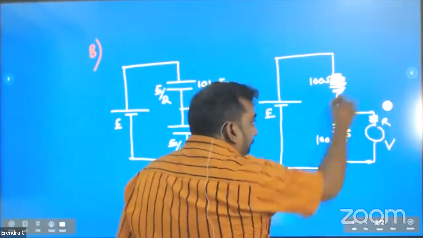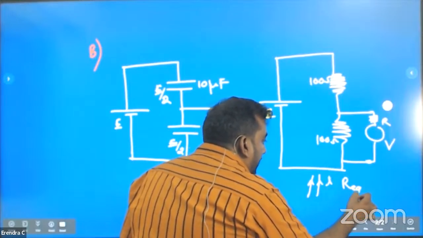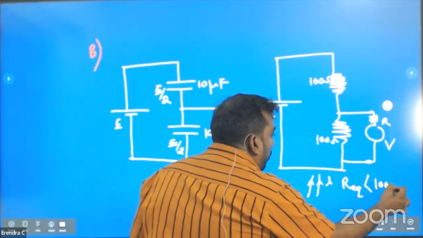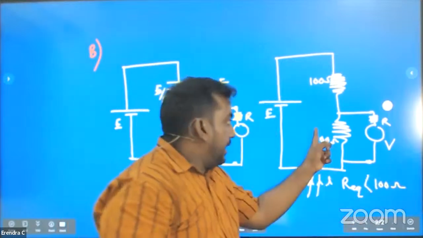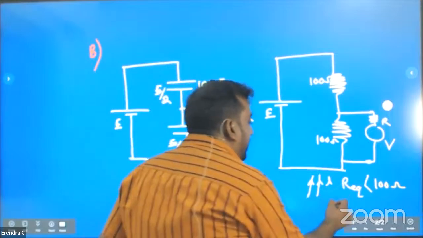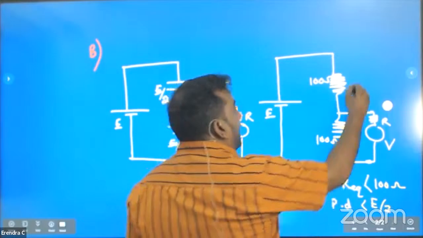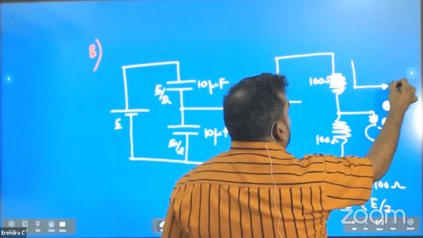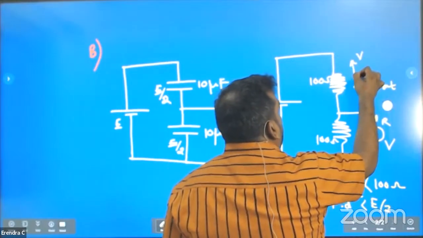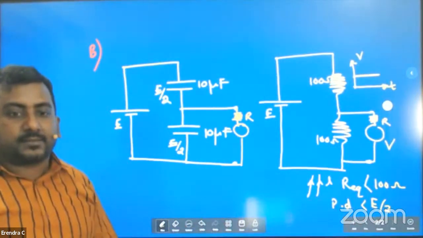So for the effective parallel circuit, R effective will be lesser than 100 ohm. Lesser means potential difference will be less than E over 2. If I plot the graph of potential difference versus time, it is a lesser value but constant.